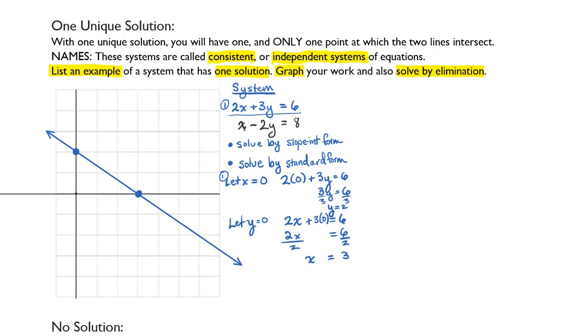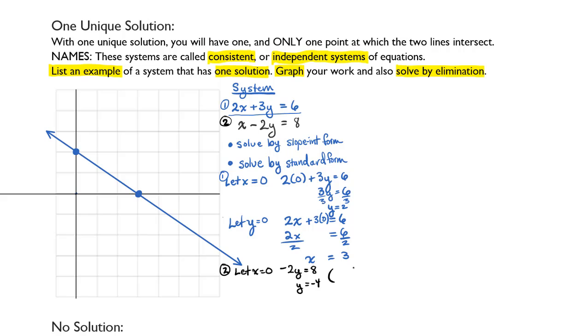Now let's graph equation 2. When x equals 0, we get negative 2y equals 8, and that gives me y is equal to negative 4.